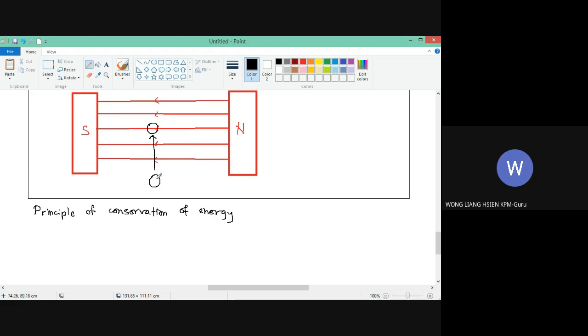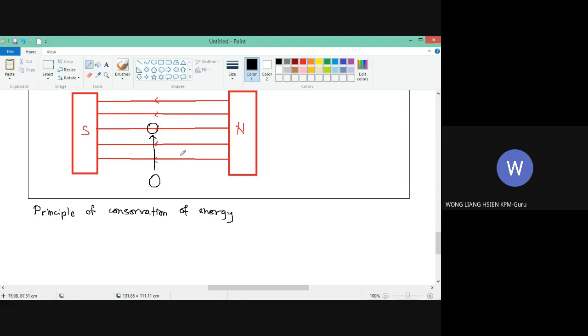But the amount of kinetic energy that you supply must be more than the kinetic energy that is moving the conductor.